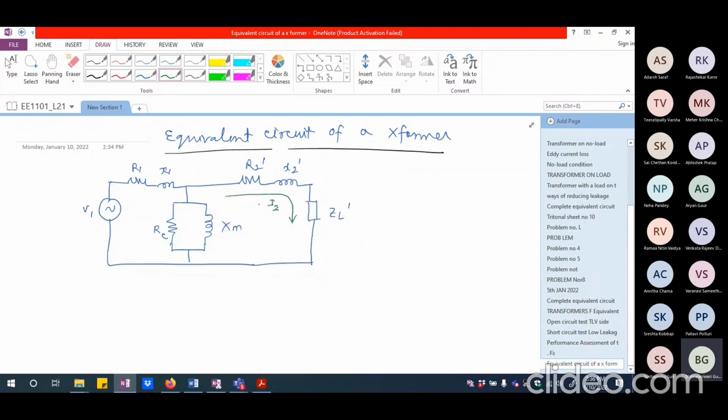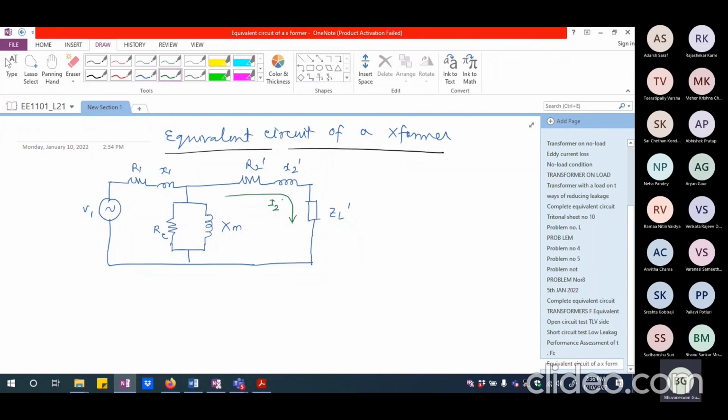The secondary current referred to the primary side is I2 dash, and this current is going to be I0. I call this current the magnetizing current, IM, and this current the core loss component of current, IC, which is fending for the core losses. And when I add I0 and I2 dash, what I see here is I1.